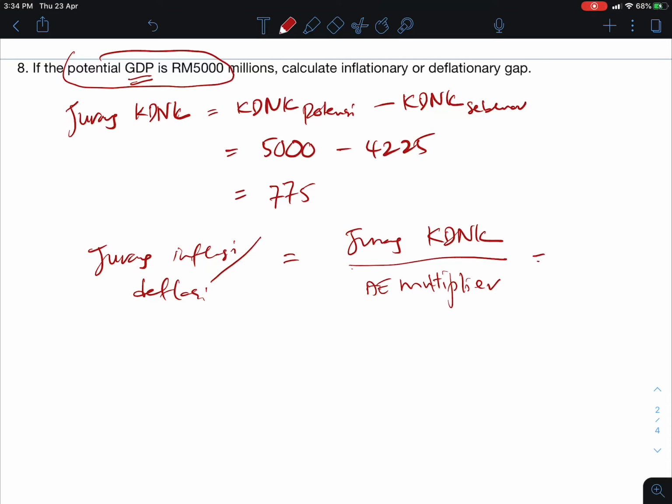So we know that national income gap equal to 775. How much the multiplier? AE multiplier.